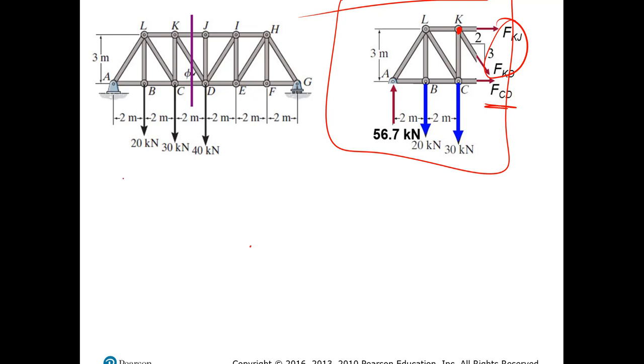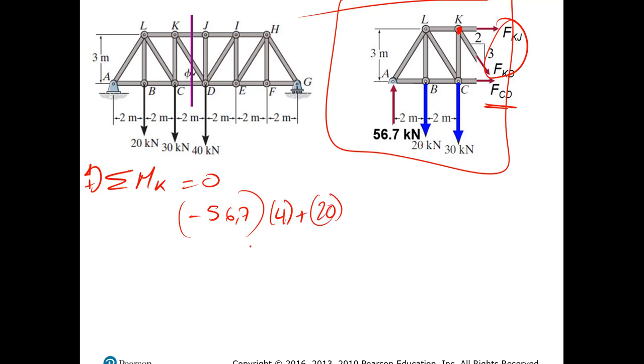And if I do that, I will get sum of moment around K being positive in this direction. Then I get this equal to 0, and I get minus 56.7. Remember, if you do the right hand rule, 56.7 is going clockwise, therefore it is negative. That multiplies the distance, which is 4, and then plus the 20 kilonewtons, which is multiplied by 2 as well.